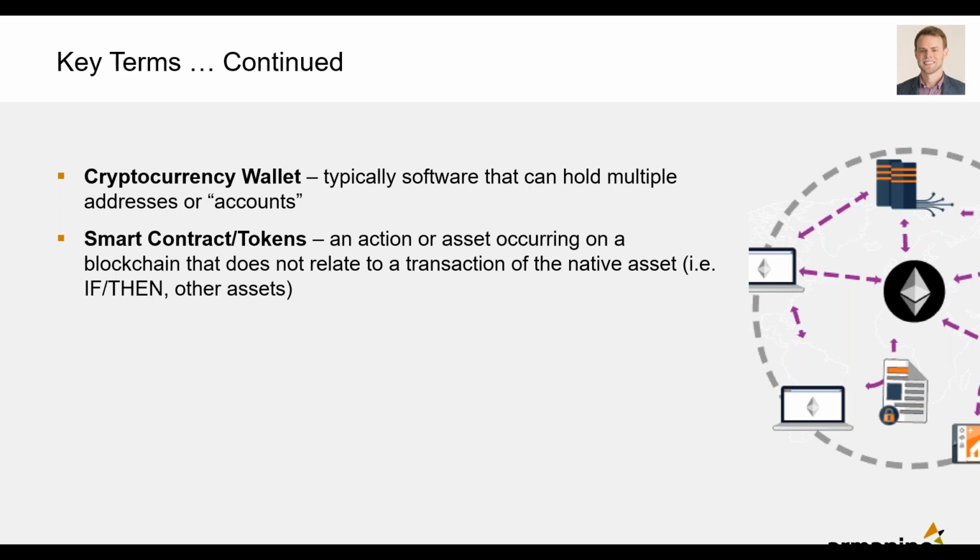And then what's a smart contract, or what's a token? This definition is a little complicated, I think. The way I like to think of it is as a simple if-then type of statement. So for example, if Eric sends me $1,000, then send him 0.1 Bitcoin. That is the most commonly used version of a smart contract today.